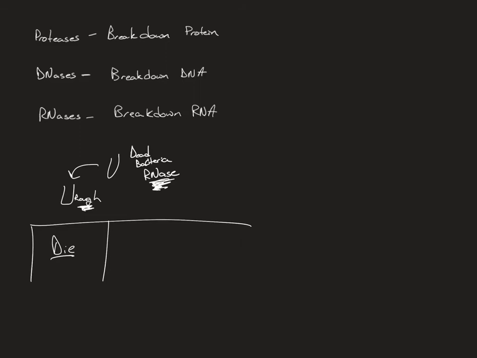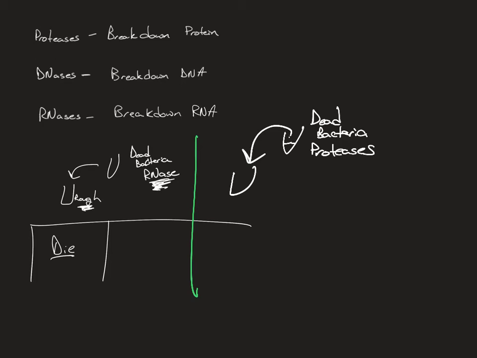So the next thing they tried was proteins. This is the one that we're all excited about. So they added the dead bacteria to the proteases. Then they added that to the rough strain. Again, this one they expected for sure.